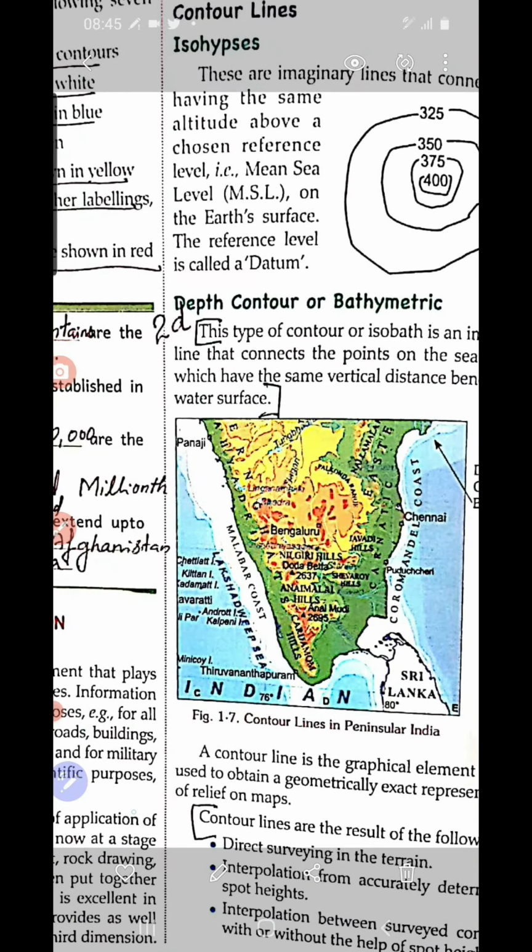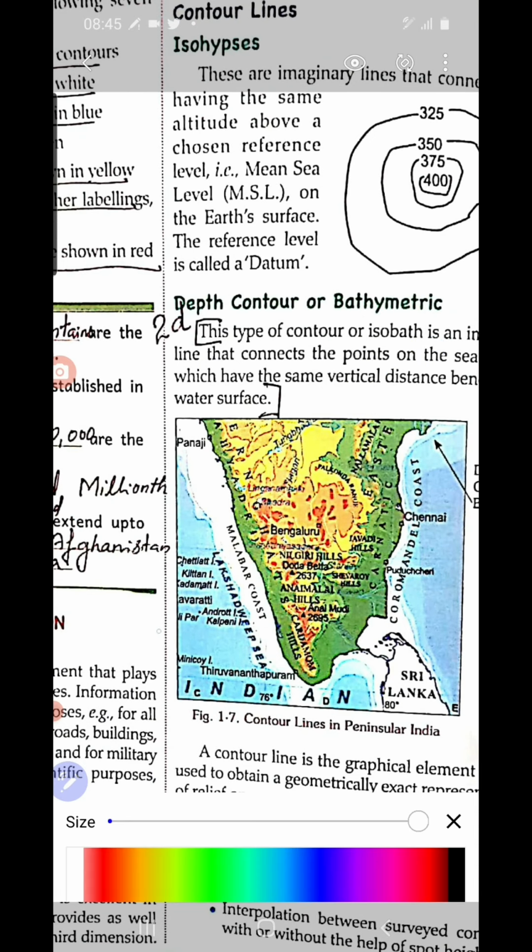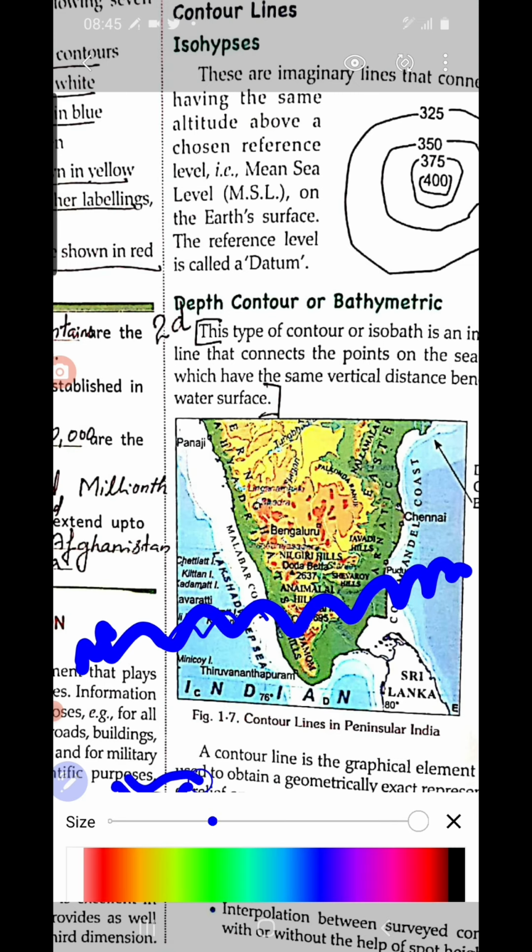And the next is depth contour, bathymetric. What is a depth contour? Suppose this is the ocean, the water level, sea water. Suppose this is the bottom of the sea.